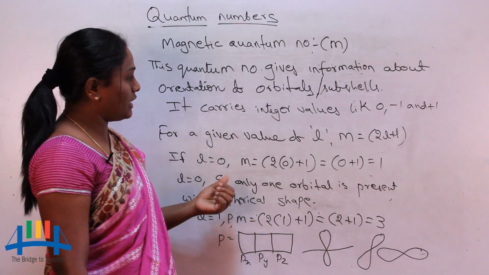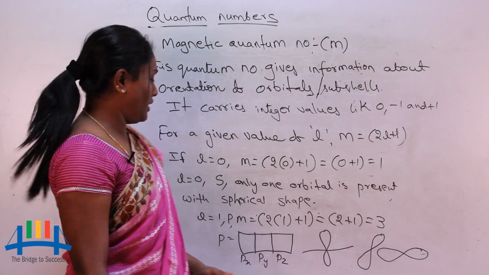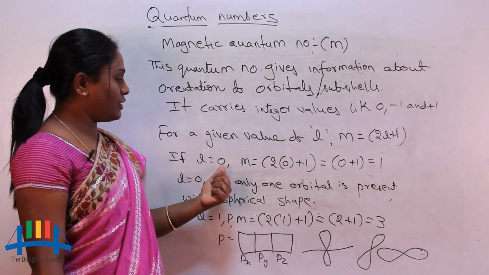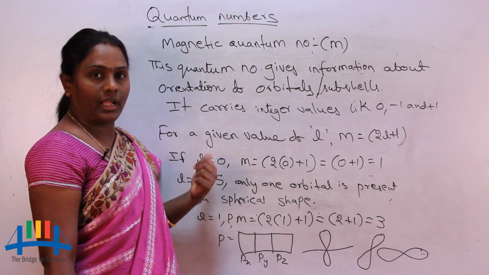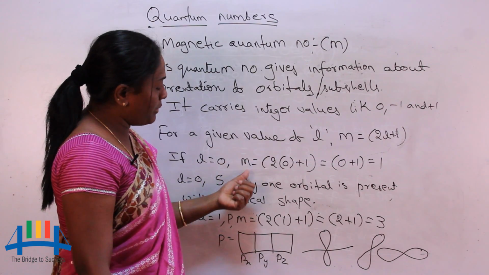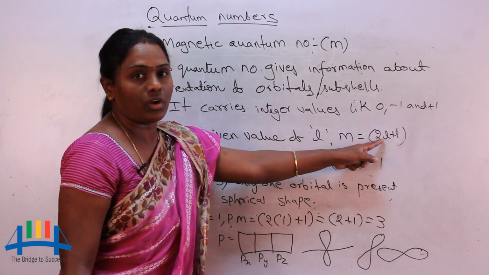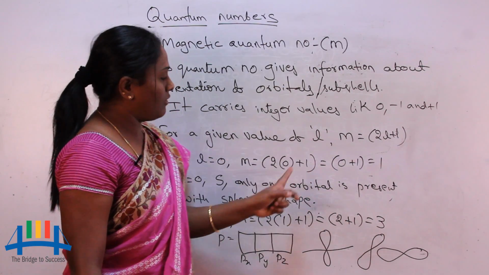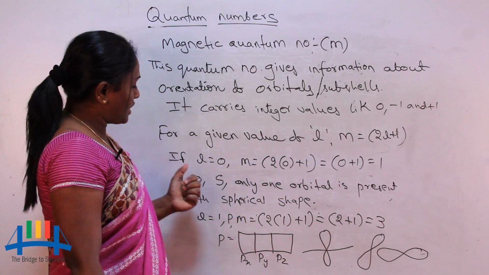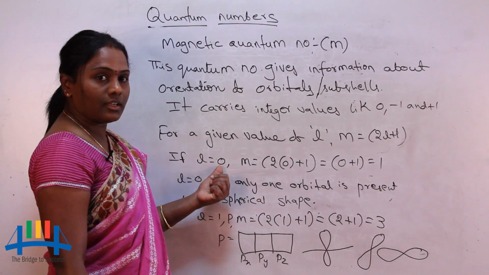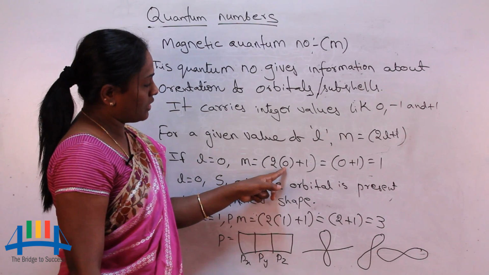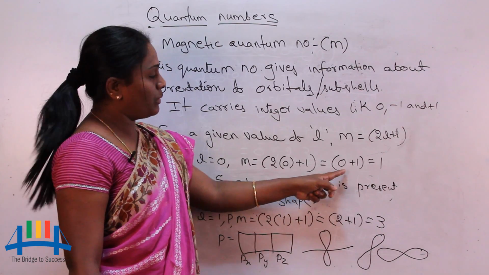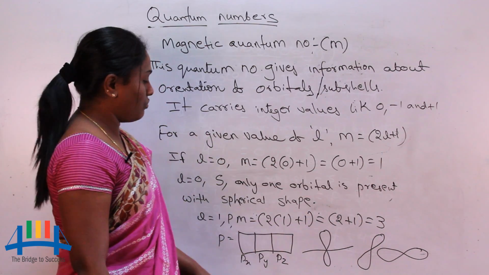Let us calculate by using this formula. If l is 0, you know that it is s, and then m is equal to, just apply the formula 2l plus 1. Substituting l equal to 0: 2 into 0 is 0, plus 1 is equal to 1.